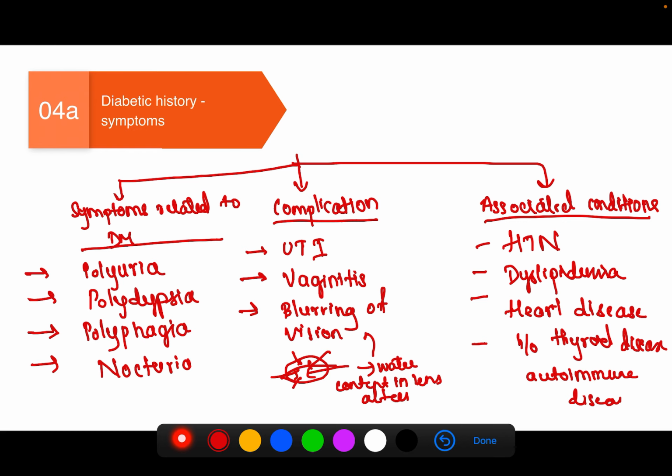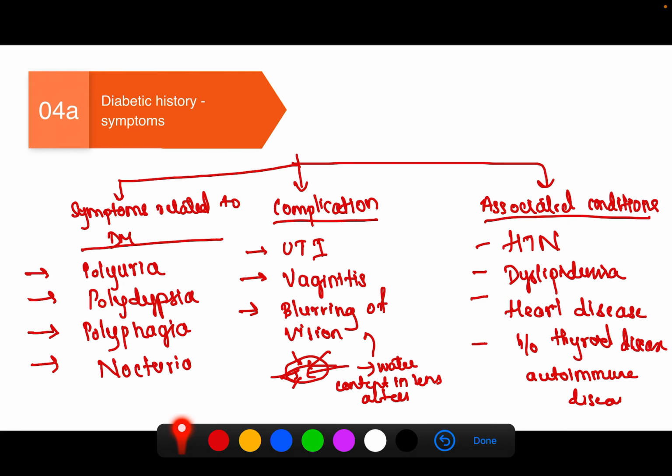So this is about the diabetic history symptoms. First you should ask symptoms related to diabetes mellitus, which are polyuria, polydipsia, polyphagia, and nocturia. Then you will ask about the complications, which are urinary tract infection, and in females, vaginal infections or vaginitis. You can ask if there is blurring of vision. The water content in the lens alters, because of which they will have blurring of vision.